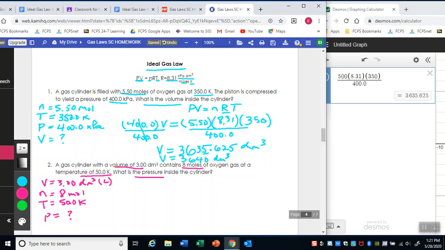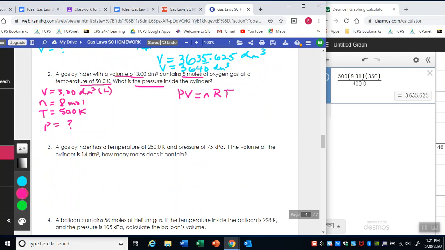This tells me that I'm using the ideal gas law. Pressure times volume equals moles times the constant times the temperature. I write that equation and then I just substitute what I've got. So my pressure I don't know, so pressure is P. My volume is 3.00.